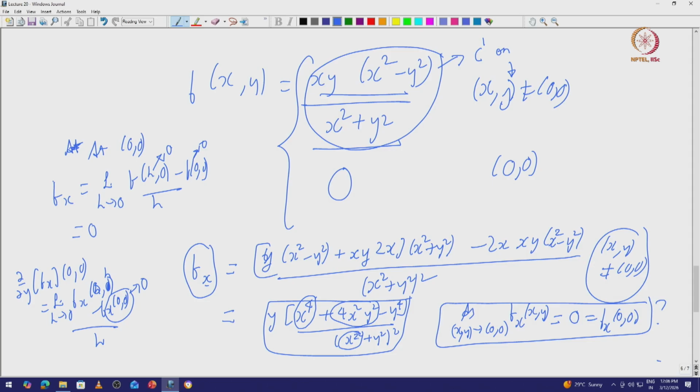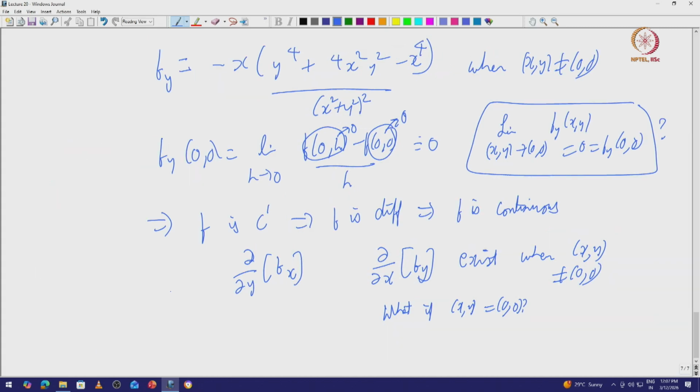So, what are you left with? h times minus h raised to 4, which is minus h raised to 5 divided by h raised to 4, which is minus h. And that h cancels out with this, and you will get minus 1.